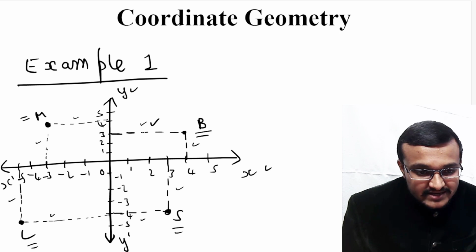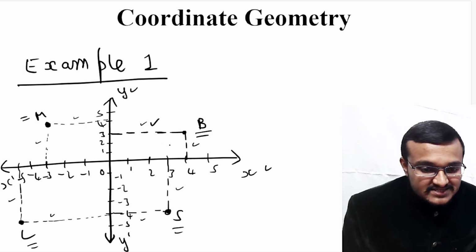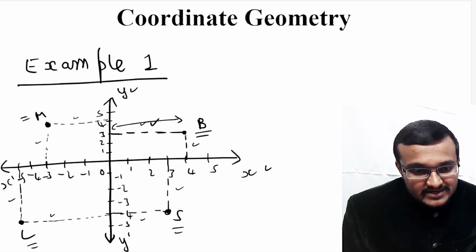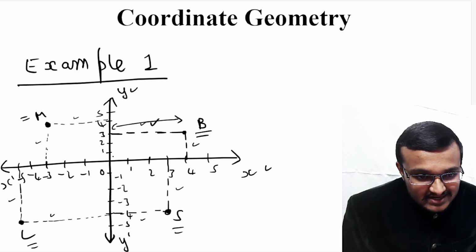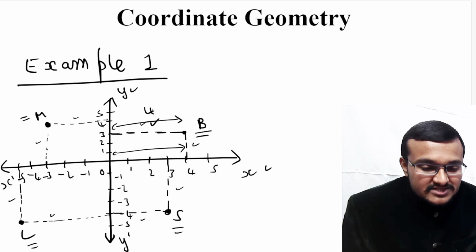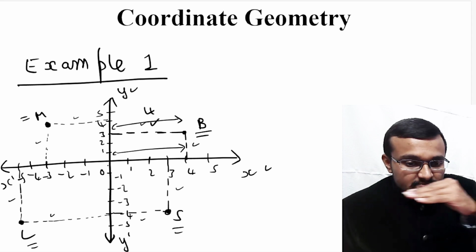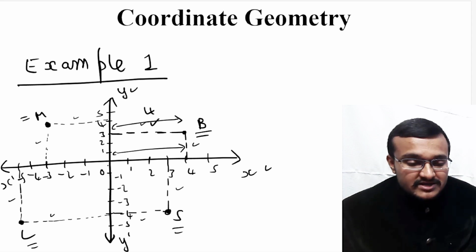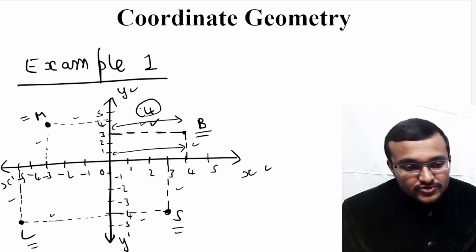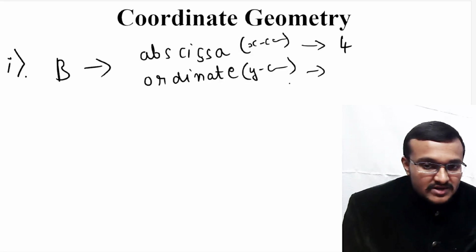This is the x coordinate or the abscissa of point B, which is perpendicular to the y-axis, and its length is 4 units. So the abscissa of point B is 4.